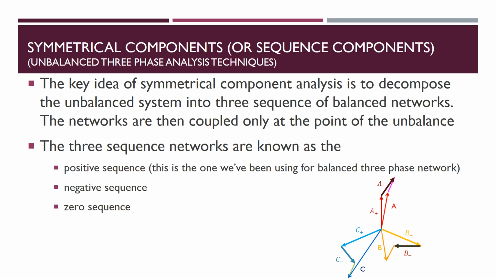These negative sequence components are equal in magnitude, placed 120 degrees from each other. And you see the zero sequence. The zero sequence components are in this manner, equal in magnitude as well as phase angle. A0, B0, C0 are in the same direction.